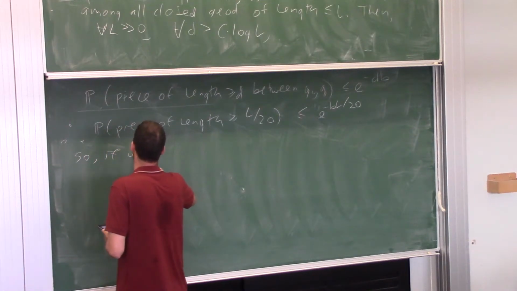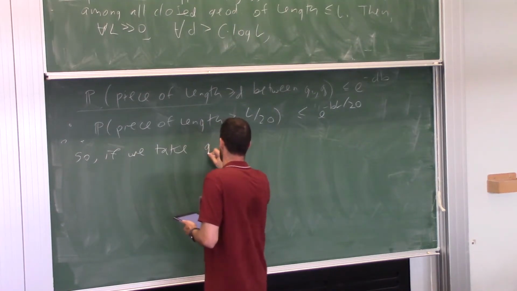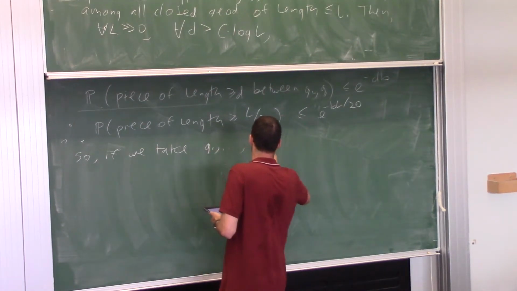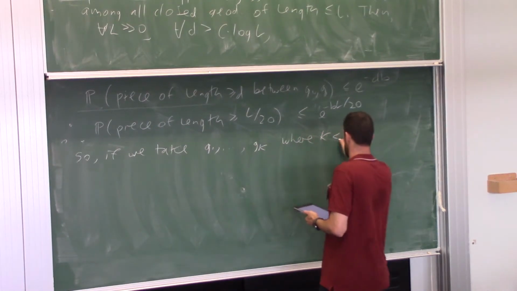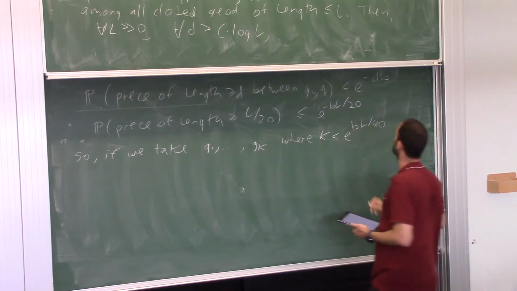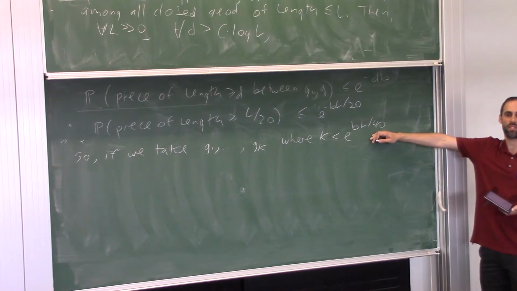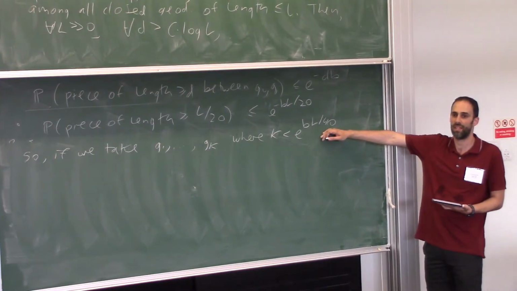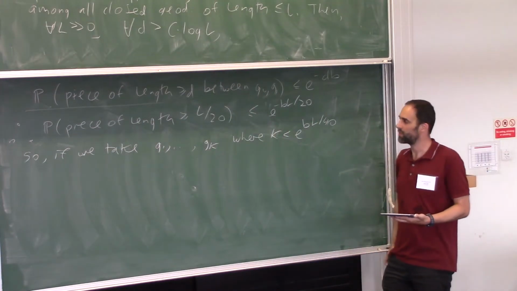So if we take G_1 up to G_k, where k is less than e to the minus DL over 40, you have this many geodesics, which means you have the square of that number of pairs of geodesics, and you have to consider pairs when you're looking for pieces.